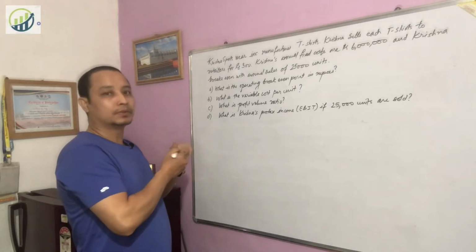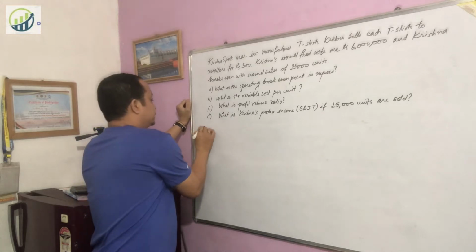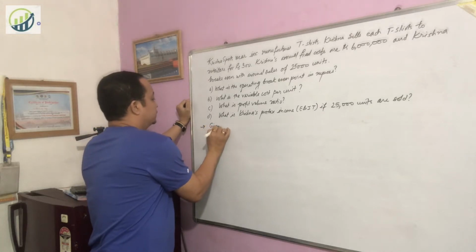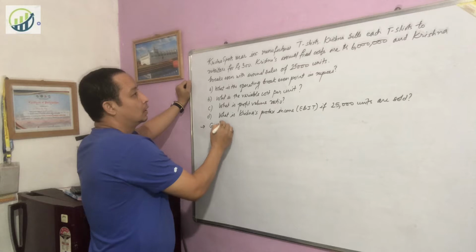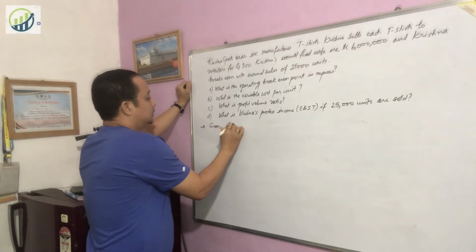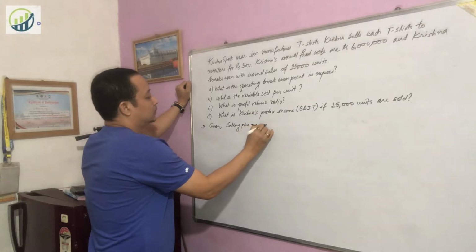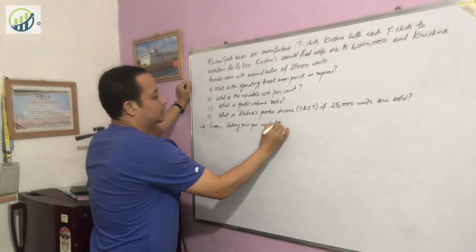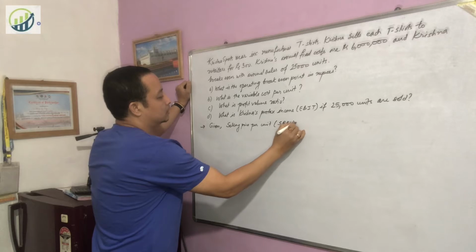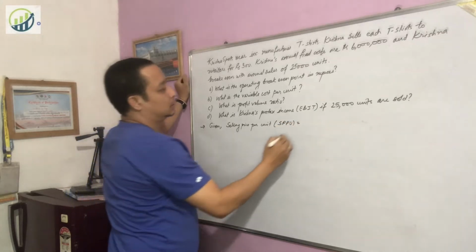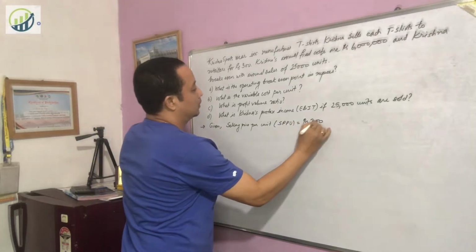So next slide. First, given here: your selling price per unit, per t-shirt, is rupees 300.